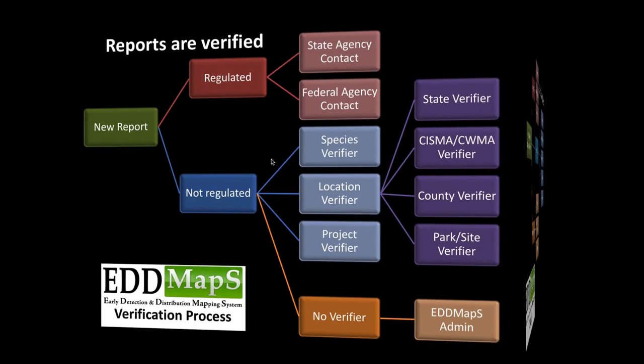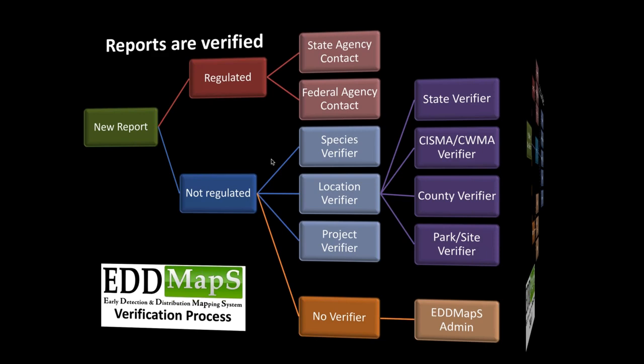So new reports, when we get a new report in, first the determination is made, is that a regulated species or not a regulated species, and this is all an automated process. So if it's regulated, it automatically generates an email or contact to the state or federal agency, whichever one or both that's concerned with that. If it's not regulated, then it's verified in some form or fashion by a species. You may have someone who says, okay, I'll just verify reptiles, or someone says, I will just verify plants.